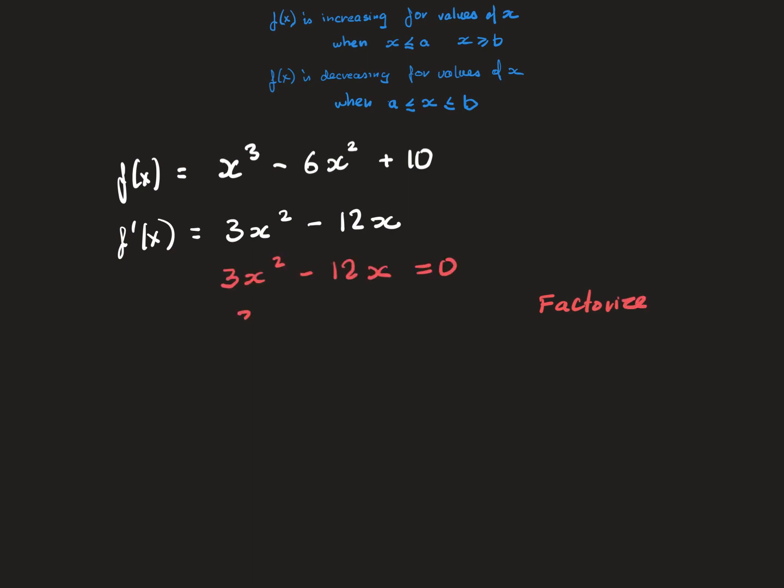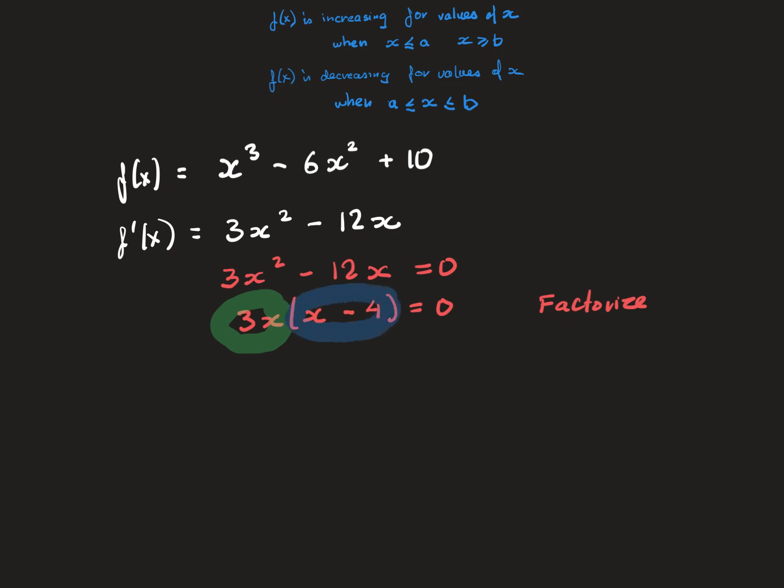So we can factorize 3x out, and we'll have 3x times (x minus 4) is equal to 0. So there are two places in which this function can be 0: one, when 3x is 0, and the other when x minus 4 is 0.